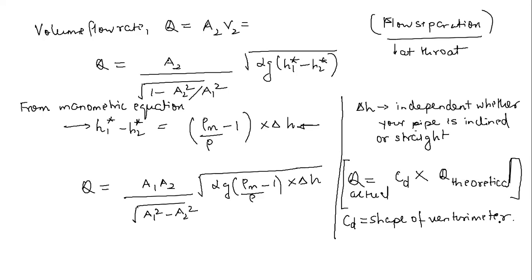So the value of CD is less than 1, and it generally lies between 0.95 to 0.98. And what is this CD? This CD is called the coefficient of discharge.